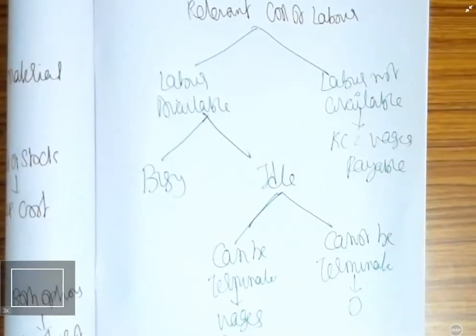Not available is relevant cost, wages payable. This chart is just for quick reference. You are now going to go through this chart. There's nothing to read. It's only one thing: yes, no. What is going to happen? Everything you decide is only through yes or no analysis.